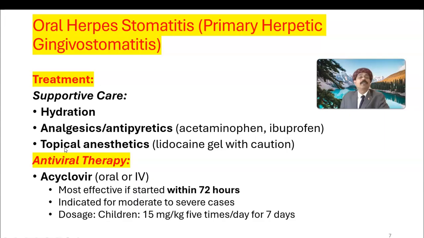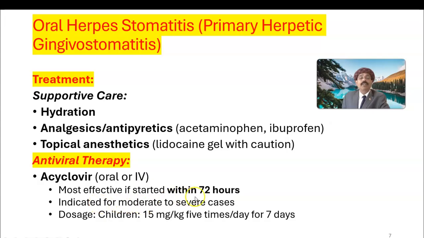Treatment: supportive care, hydration, analgesic, antipyretic like acetaminophen, ibuprofen. This is an NSAID. Topical anesthetic, lidocaine, but with extreme care, because it may be absorbed into the blood and create a lot of adverse effects. Antiviral therapy: acyclovir, oral or intravenous.